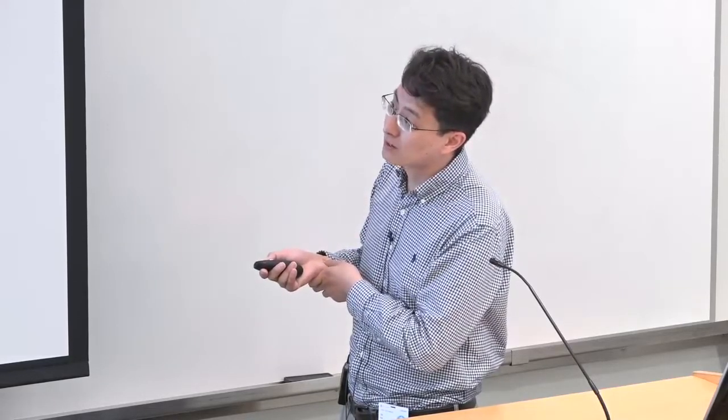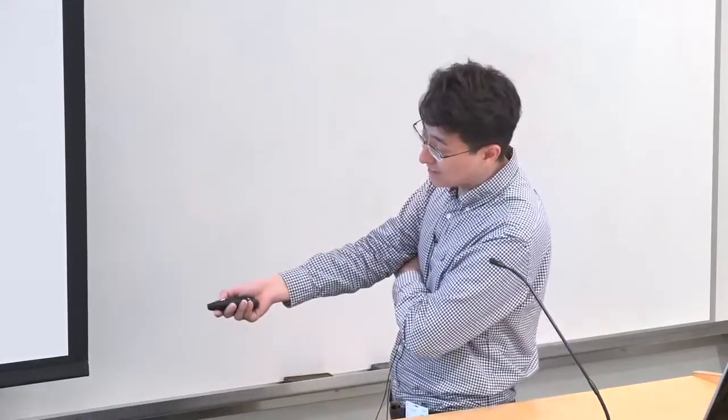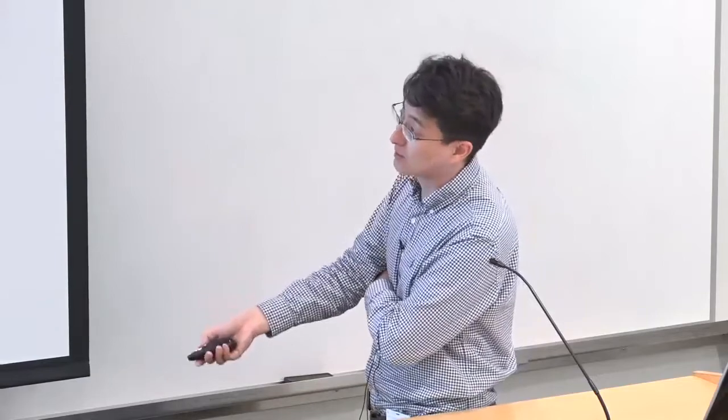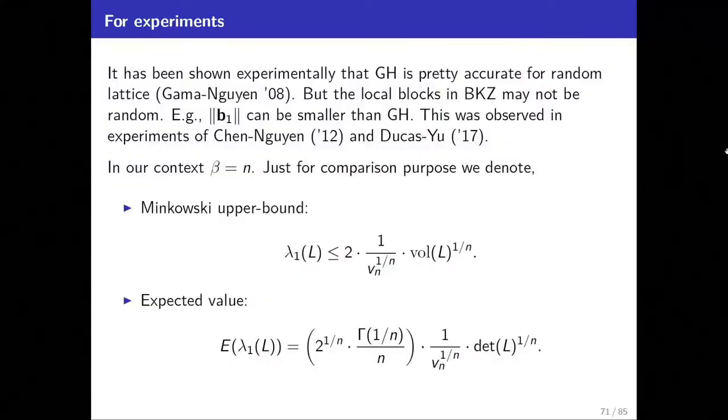We will look at the behavior of SVP in local blocks, and then simulate the behavior of tours globally to see what the end quality is. So the asymptotic estimate is going to be this one, where the volume is the determinant of the lattice. But we have a better way to decide this Hermite factor, which is to use a simulation.